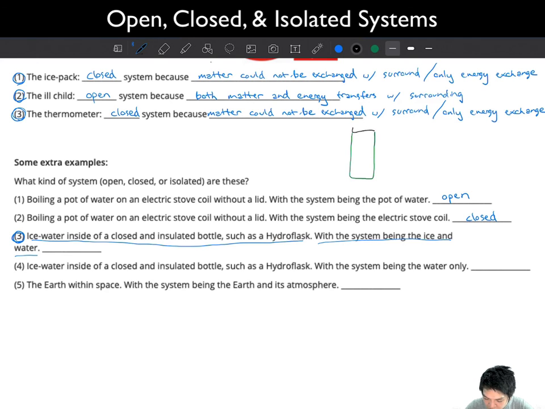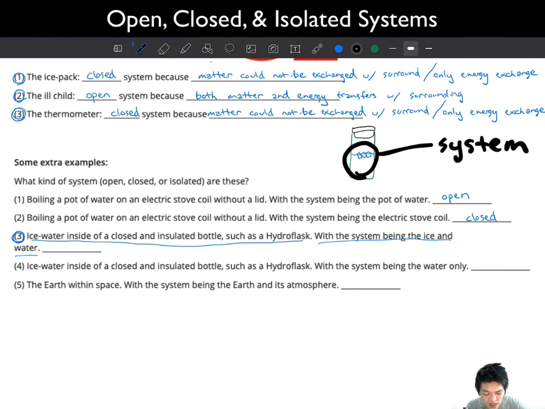Right? Okay, there's my hydro flask. There's water in it, and it's ice water. So I'm going to draw ice cubes floating on top. Okay, so the system in this one is the water and ice. Both the water and the ice.